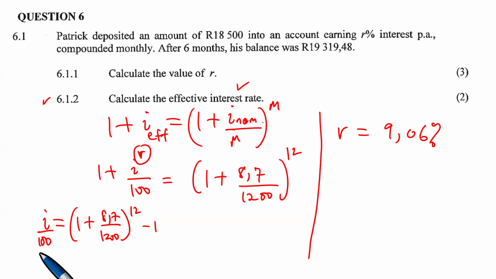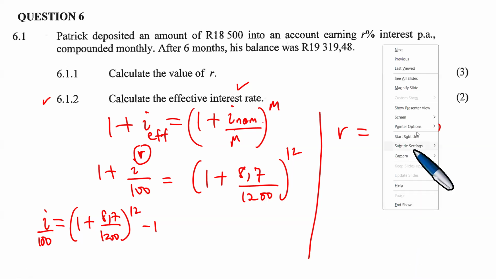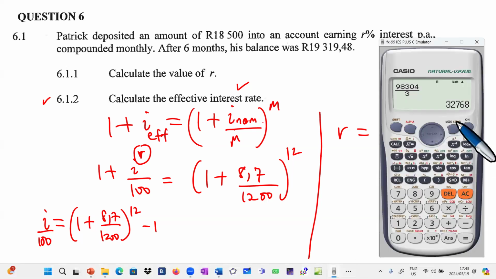So now when you have i over 100, you can write it in that manner and get your result. Let's just use our calculator here. I need to give a very clear and very concise assertion on this one. So if you are to have open bracket 1 plus 8.7 divided by 1,200, and you close here, and then you raise it to 12, and you subtract 1.